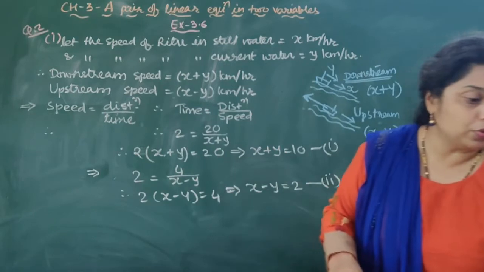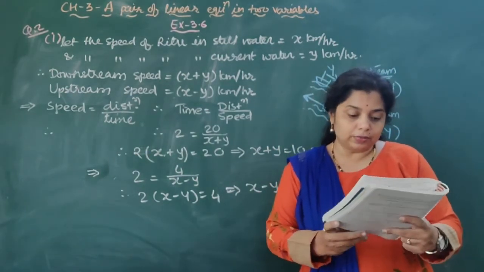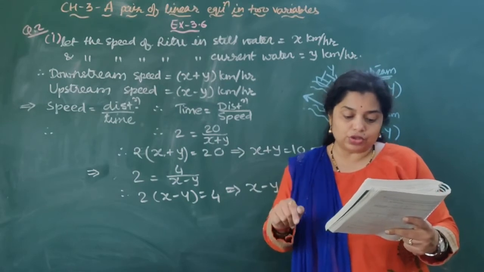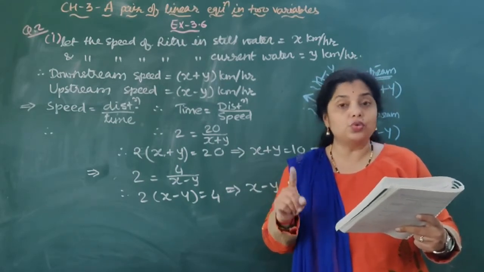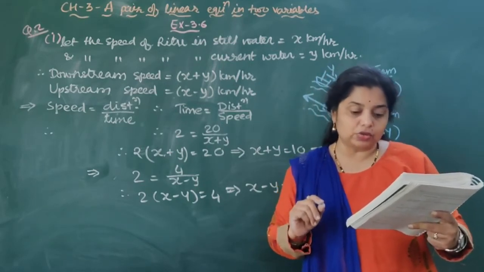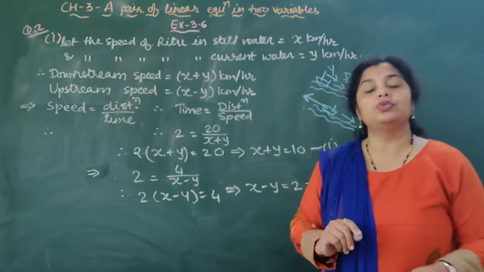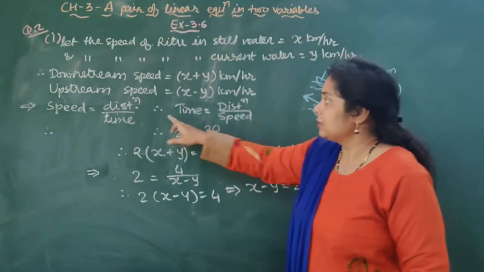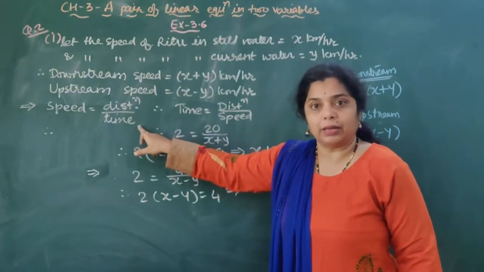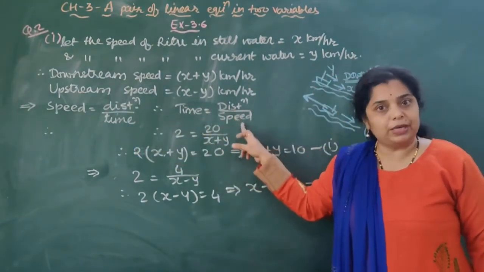Here, if you notice, it is given that Ritu can row downstream 20 km, which means distance is given, in 2 hours, which means time is also given. From this, we have to obtain the first linear equation. As speed is distance by speed, time is distance by speed.